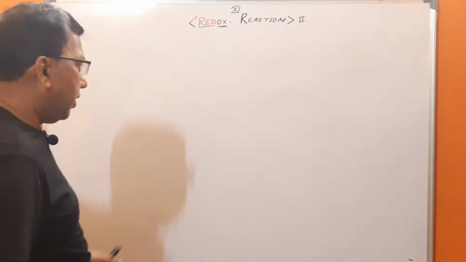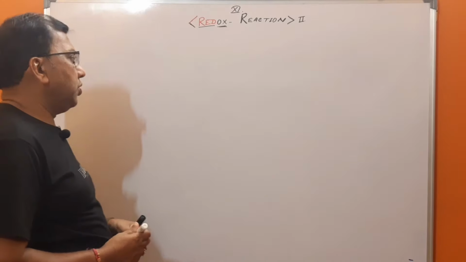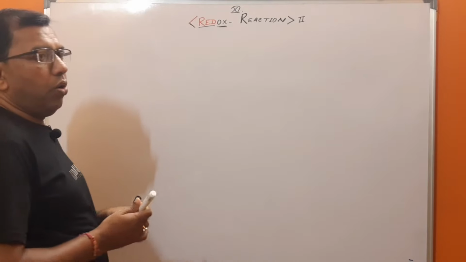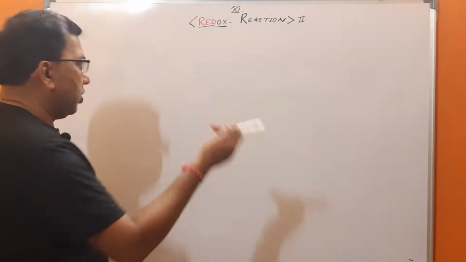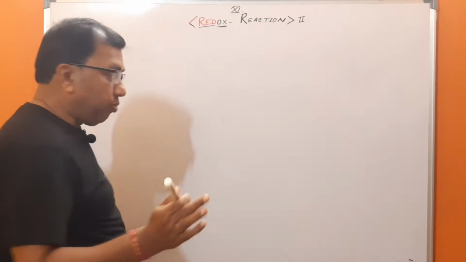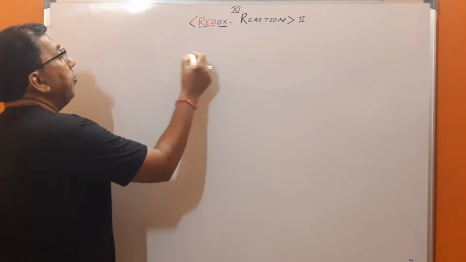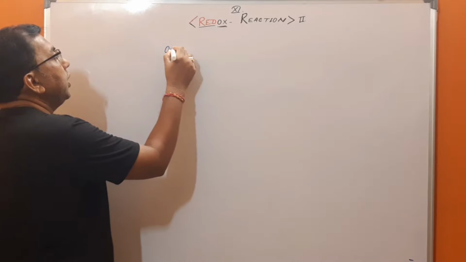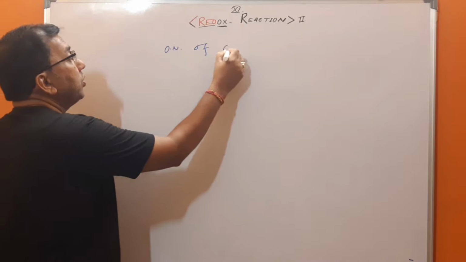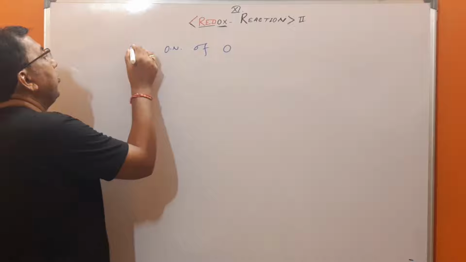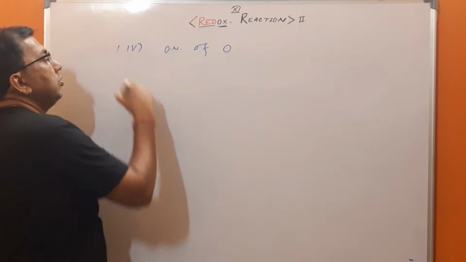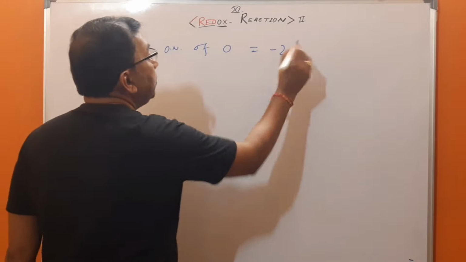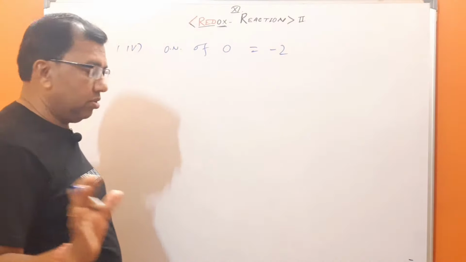So number 4 or 5 points: the oxidation number of oxygen is always -2, generally -2.